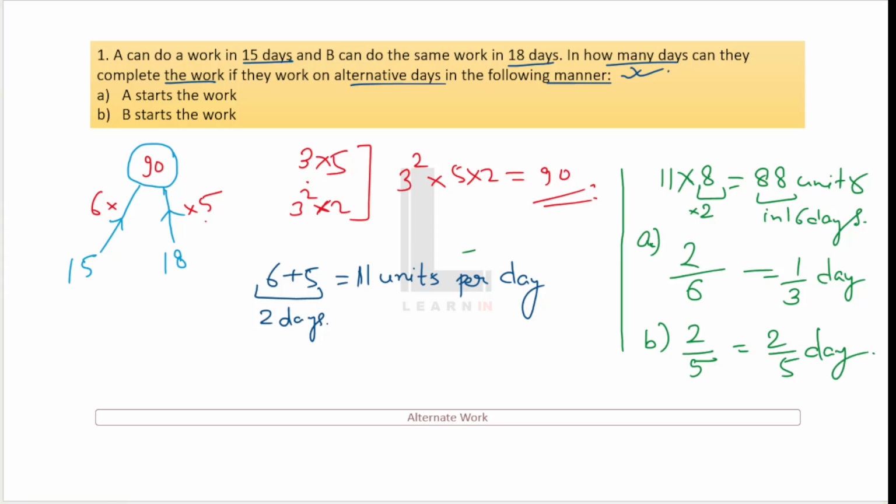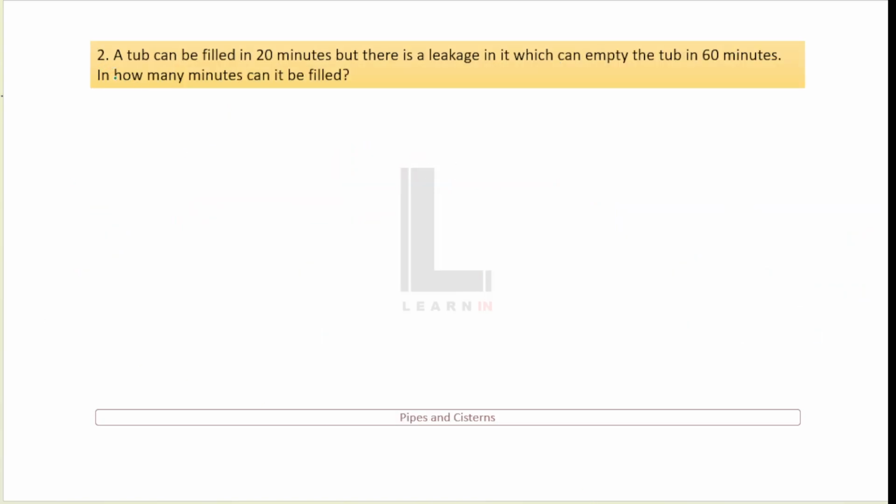Now let us move to the next question. So the last question was clearly easy. Now let us come to the next question. So this is also easy, but we need to follow a concept of negative work here, right? What is negative work?